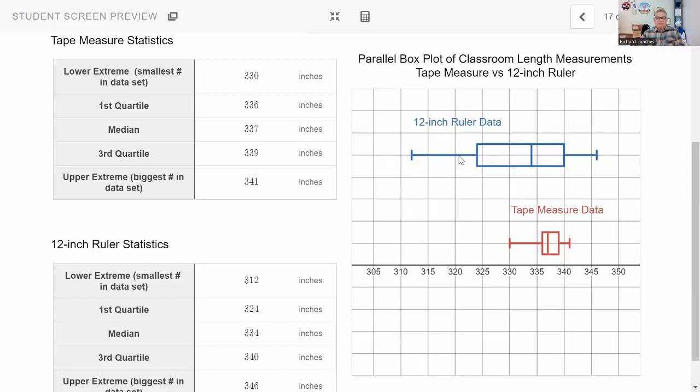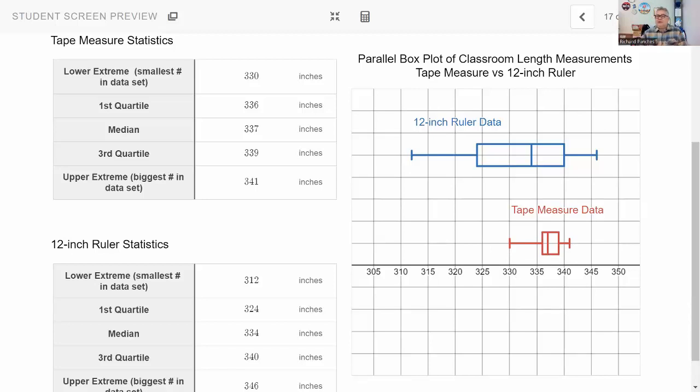But the spread of this data and the interquartile ranges show that the ruler data is definitely less accurate. This number down here for the tape measure might be an outlier, because if you're looking at our tape measure, 75% of our data is between 336 and 341. 75%, that's a lot. That 330 could be an outlier.